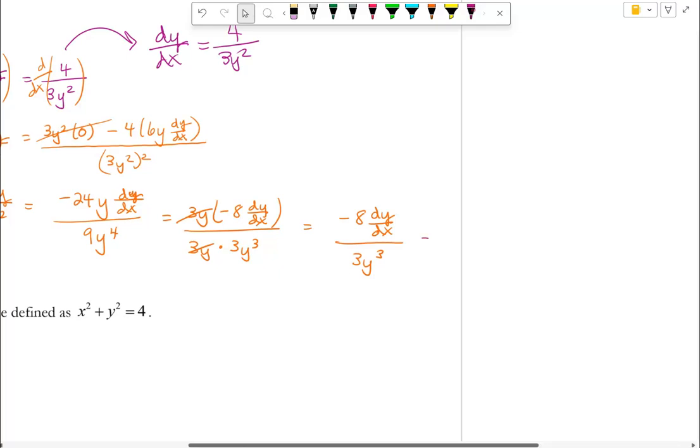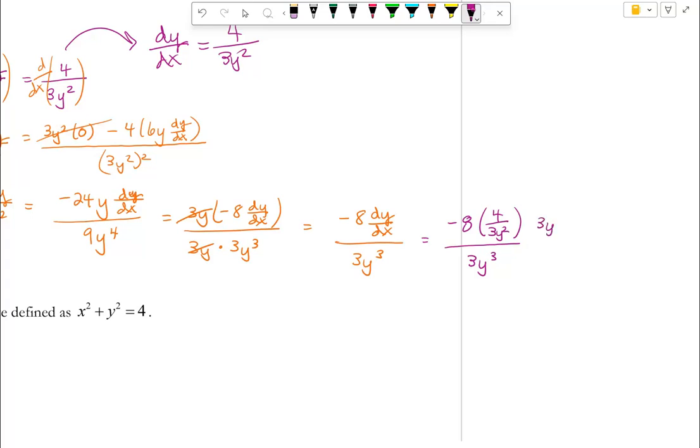I realize that I'm not making good use of my page here. I'm writing off the page and I left a bunch of blank space. So do as I say, not as I do. All right, so we get negative 8 times 4 over 3y squared, divided by 3y cubed. And again, to clean that up, we probably don't want a fraction in a fraction. So I might multiply both the top and bottom of my big fraction by 3y squared.